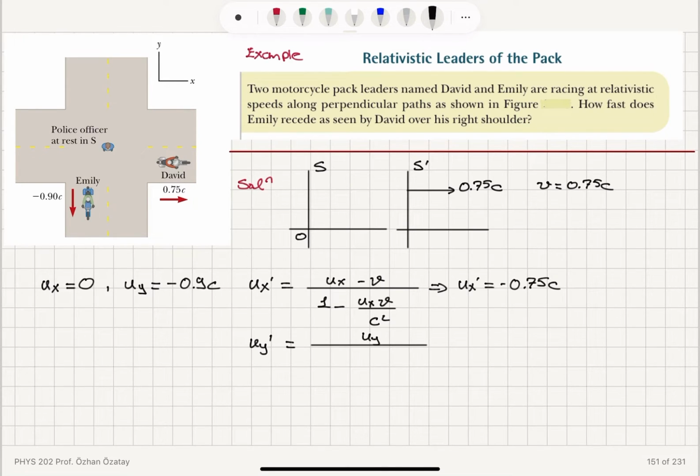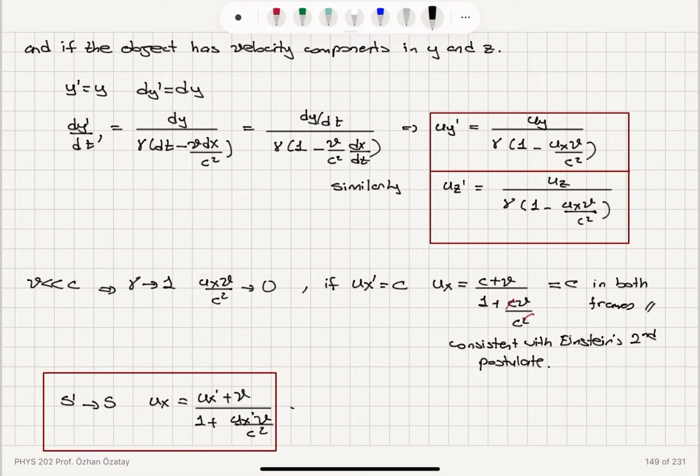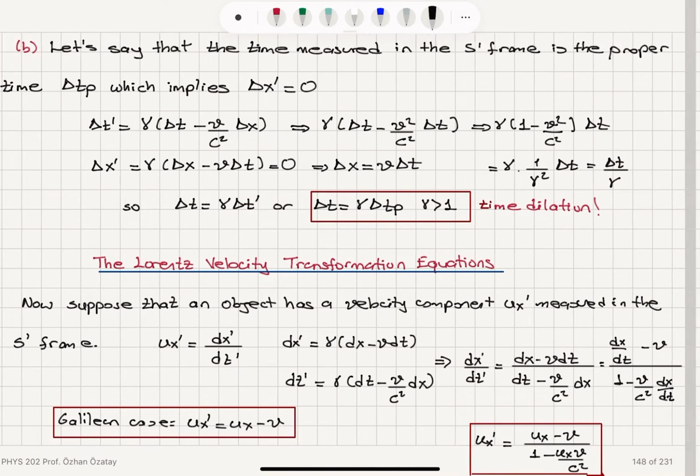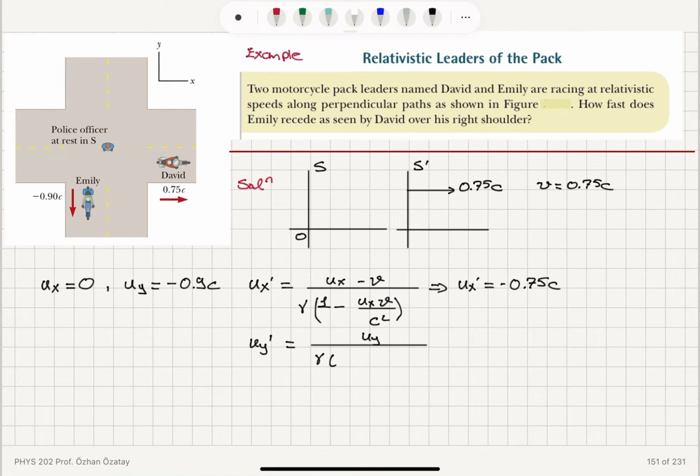On the other hand, for the y component, uy prime, we have uy divided by gamma times 1 minus uxv over c squared. I wondered if there was also a gamma in the x transformation; if we go back, no, there is no gamma there, so this was correct. There is a gamma for the y transformation.